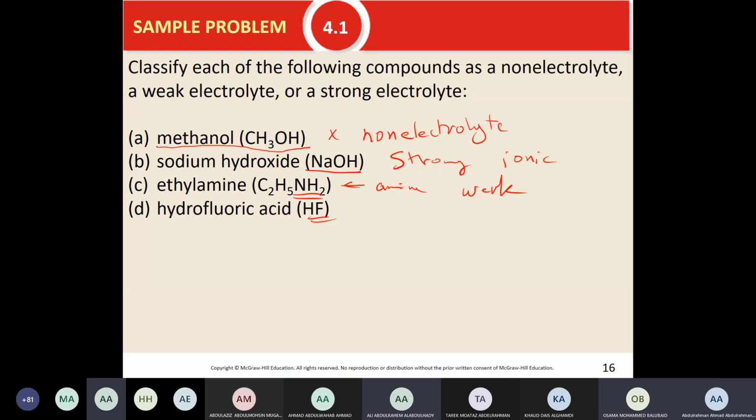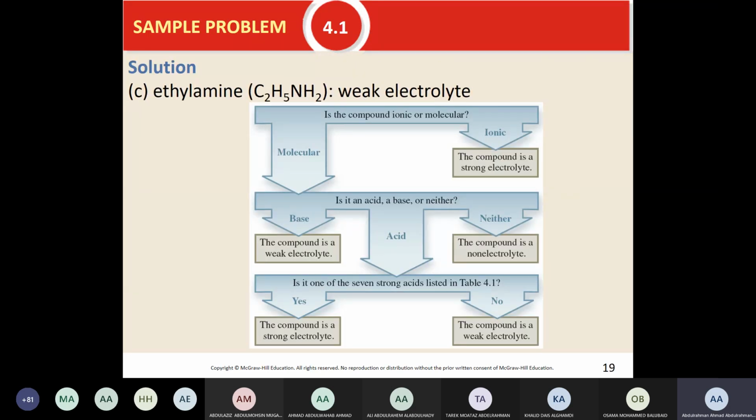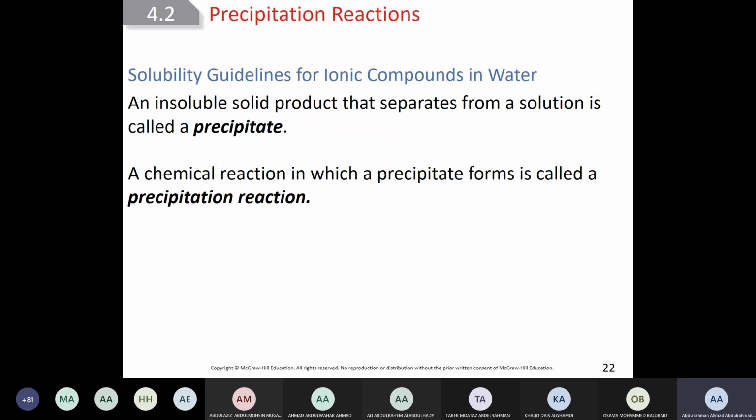Weak acid. Why? It's molecular, but not among the seven strong ones. How about HI? Strong acid. Okay, I want you to memorize all of these things. Good, let's move.